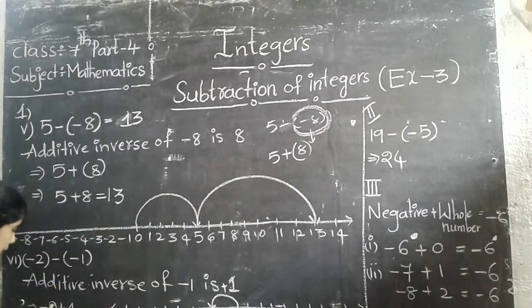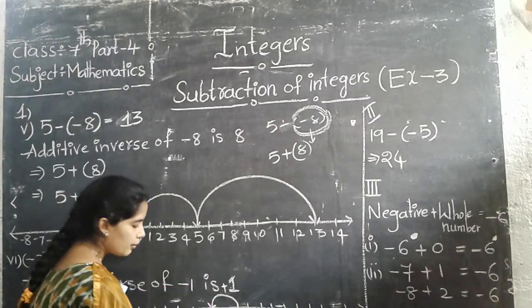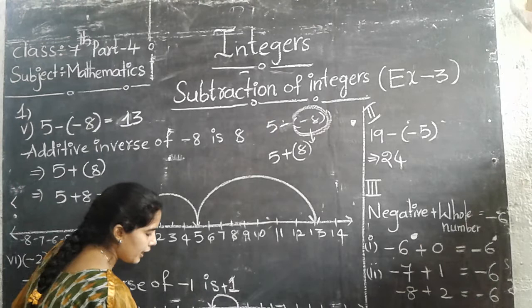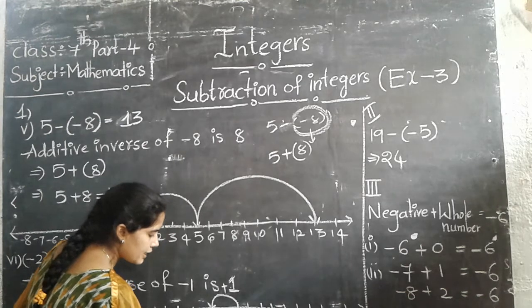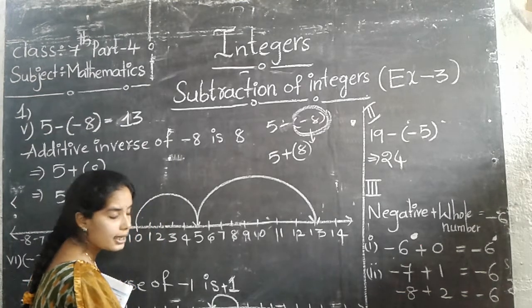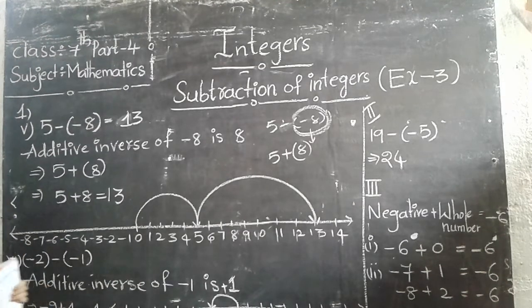Minus 2 plus 1: plus 1 means move one step to the right, toward the greater number. So what is the answer here? Minus 1.